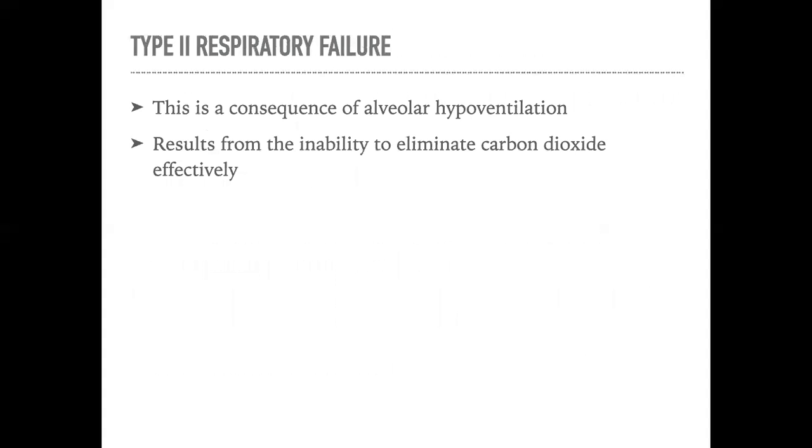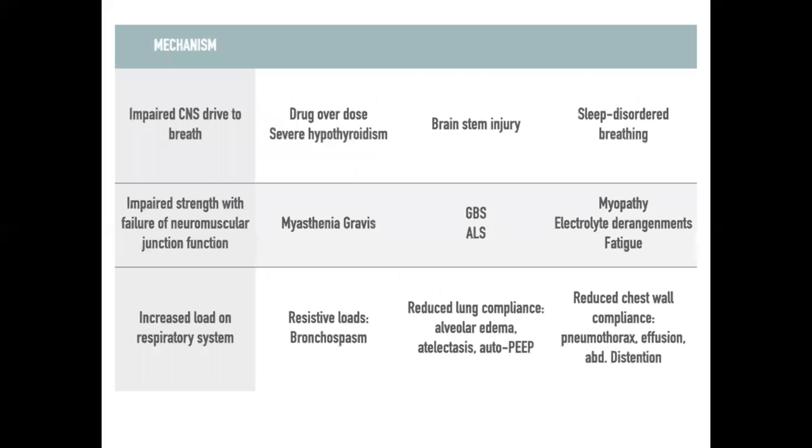The next kind of respiratory failure is what we call type 2 respiratory failure, or ventilatory failure. This is a consequence of alveolar hypoventilation, and this happens when the lung is unable to eliminate carbon dioxide effectively. So why is it that we could not eliminate carbon dioxide?